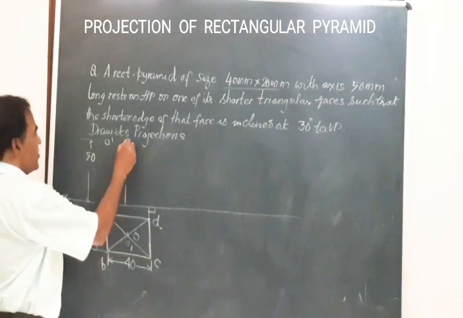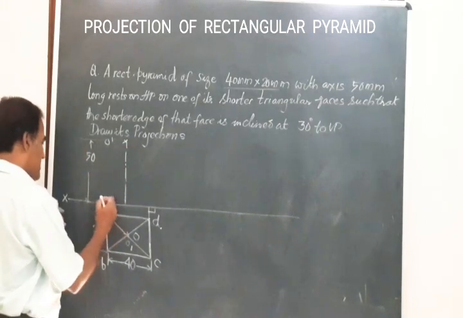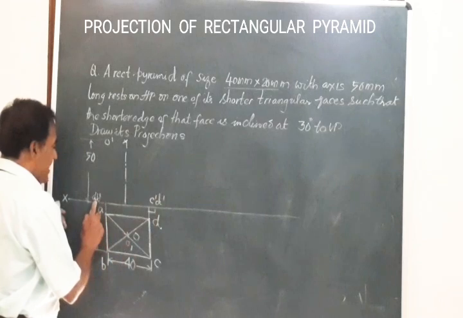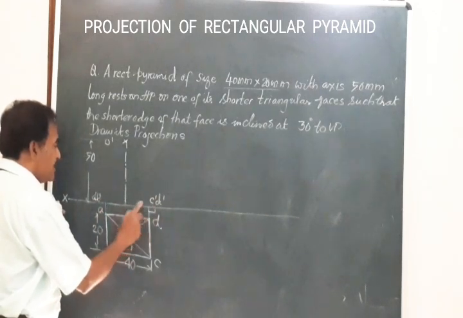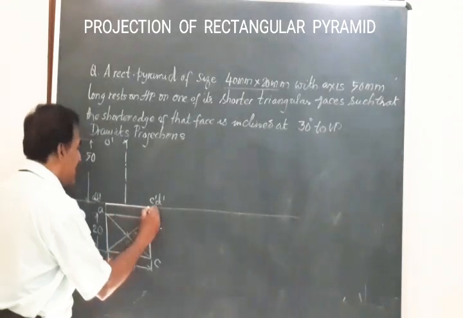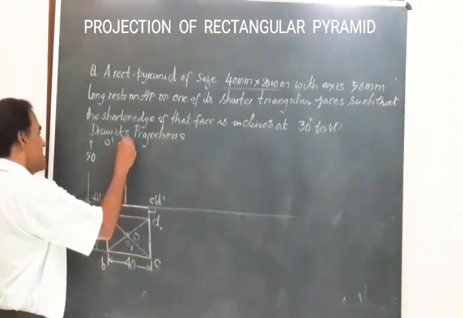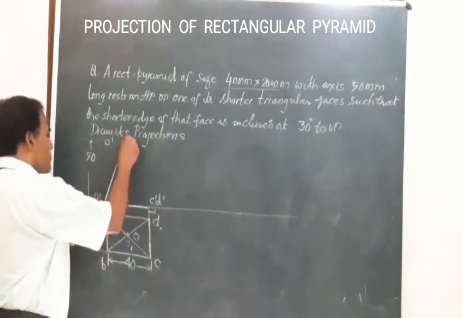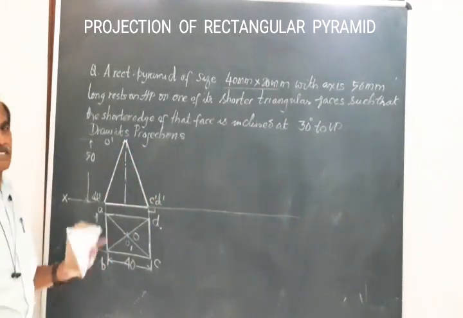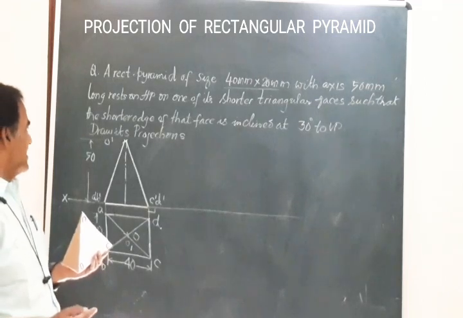I join this O dash to this point. This point is A dash B dash, and this point is C dash D dash. This particular line represents the base of the solid. So I join O dash to this, and this O dash to this C dash D dash. So this represents the front view of the solid.